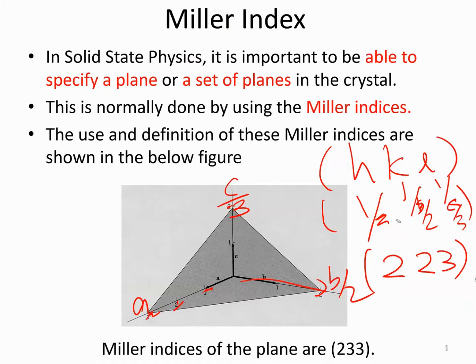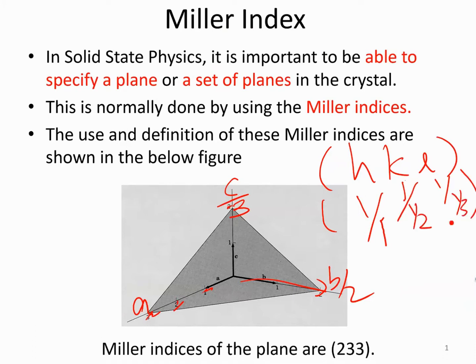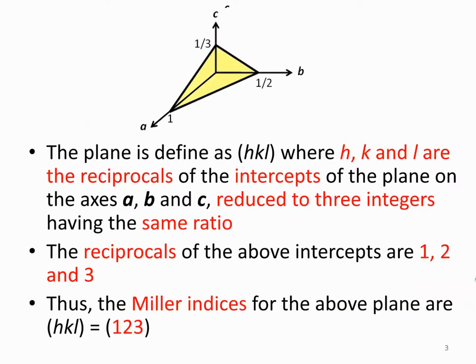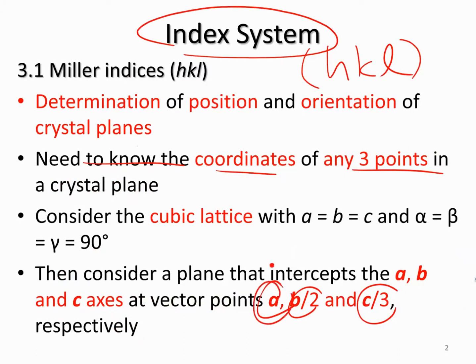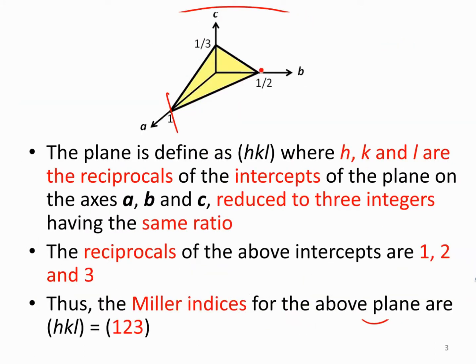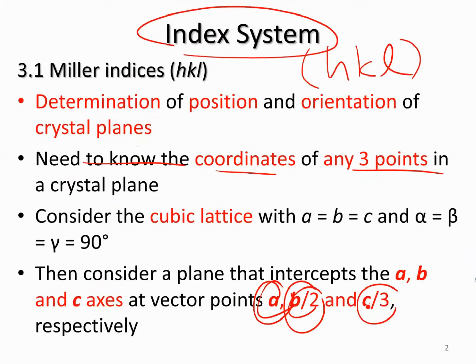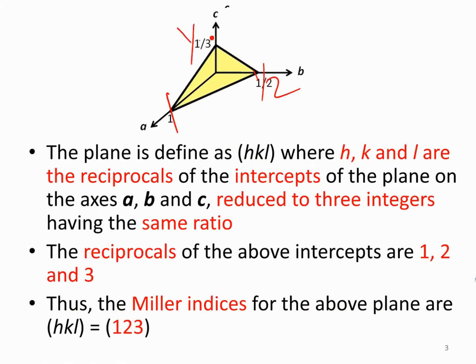Sorry, come again, I got it wrong. This is a, 1 over 1. And this is 1 over 2. This is 1 over 3. So we get 1, 2, 3. Yes, the correct one is (1 2 3). So a equals 1, b equals half, like the previous case, and c equals 1 over 3.